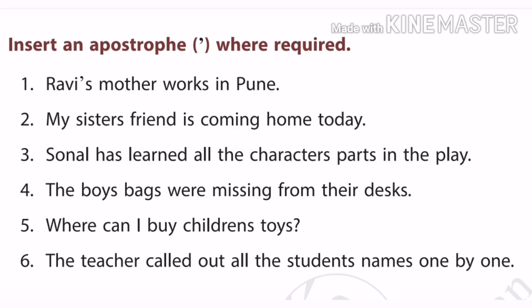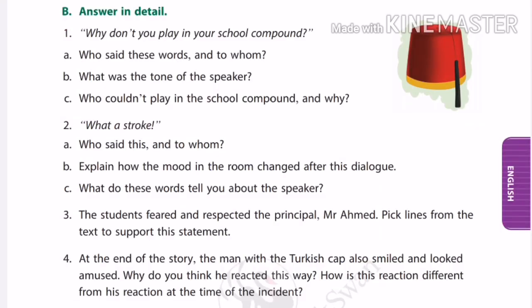If it is plural, add an apostrophe at the end of that noun. So do it by yourself. After that, check the answer keys in the Google Classroom. And for the next class, study the answers of question number 2C and question number 3.